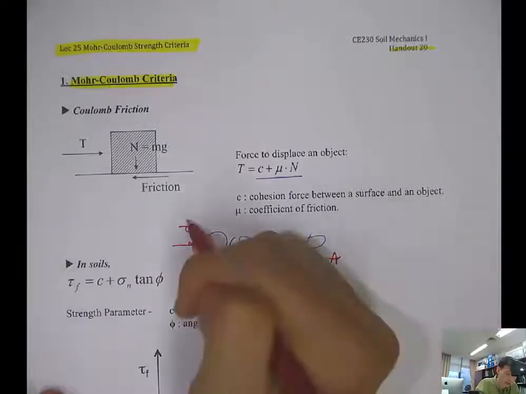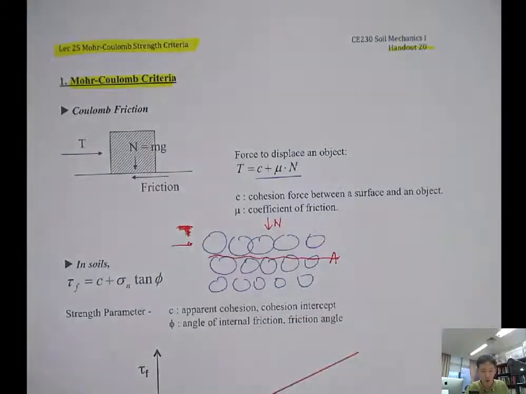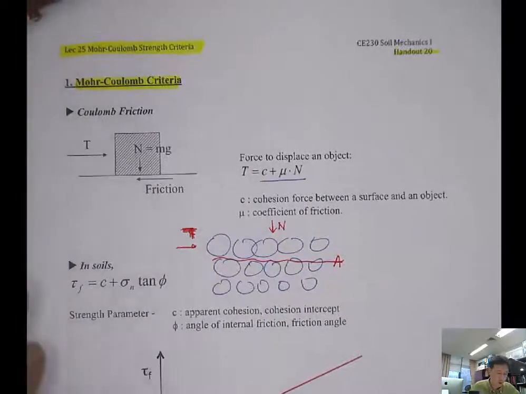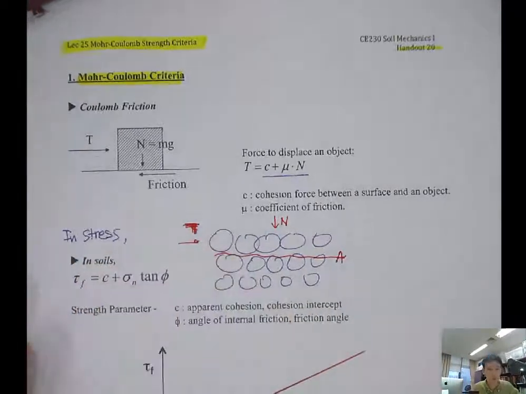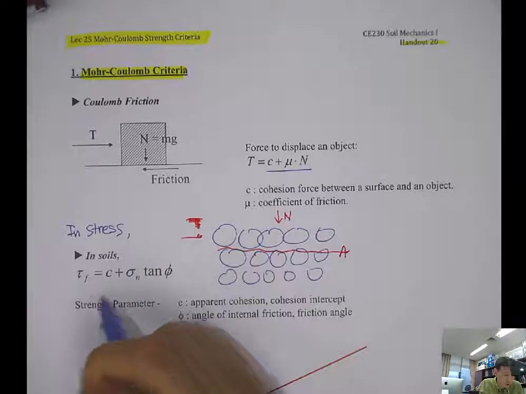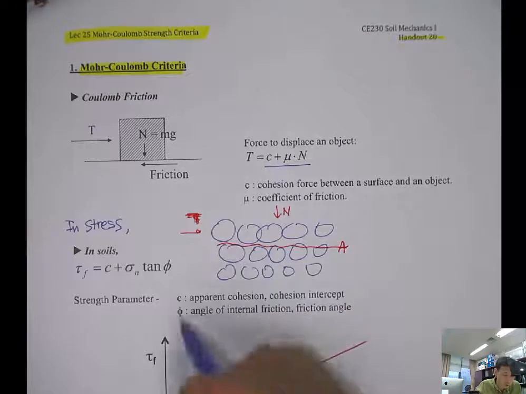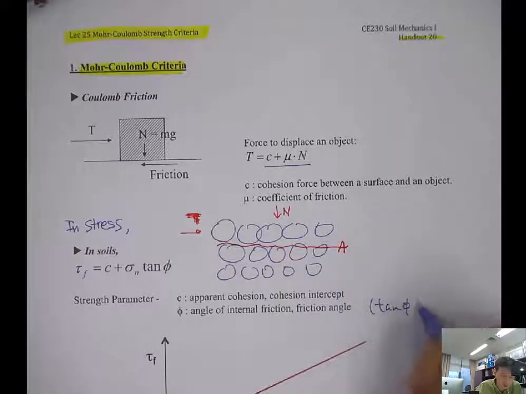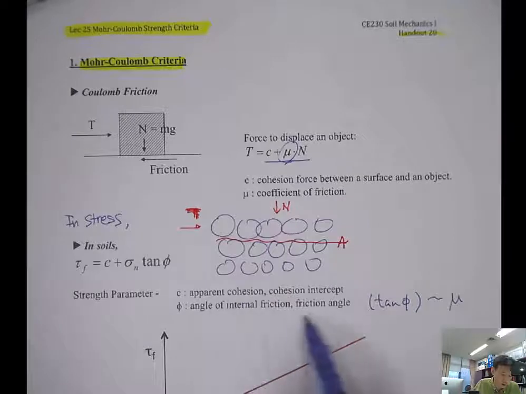If we divide it by the area, we get T and N, and we can change it to stress terms. The shear stress tau is equal to C plus sigma n times tangent phi. Tangent phi is correlated to the coefficient of friction, and here phi we call the friction angle, or angle of internal friction.